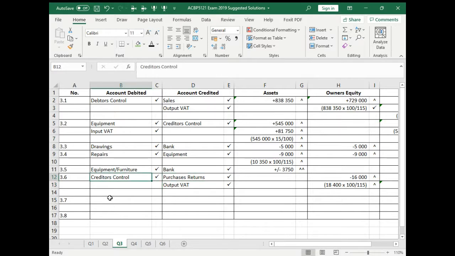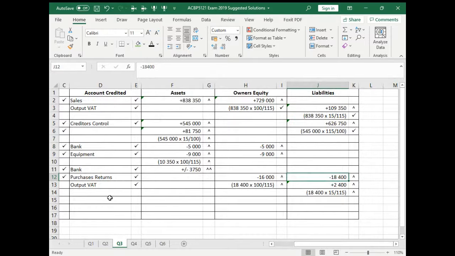Okay, now creditors control is a liability. So I would reduce my liabilities with the 18,400 that was provided. So that's the amount inclusive.